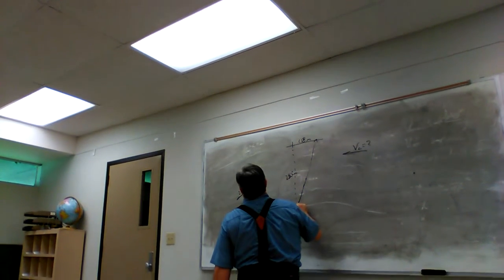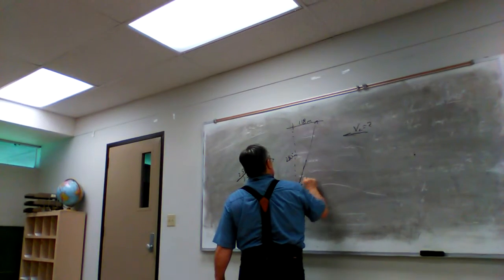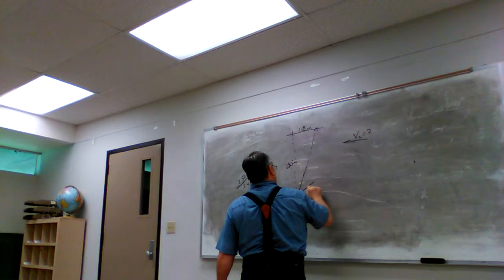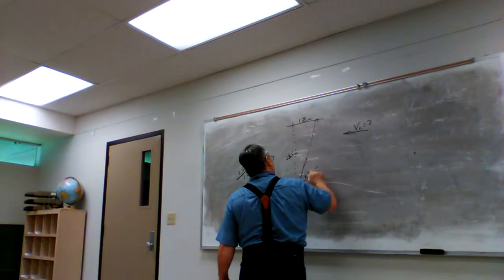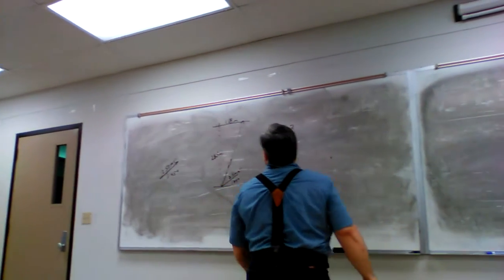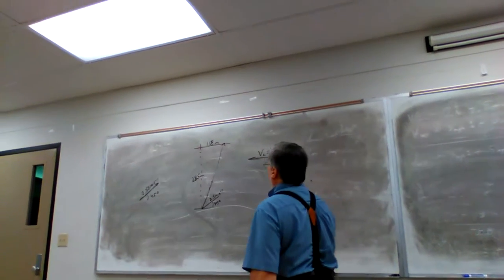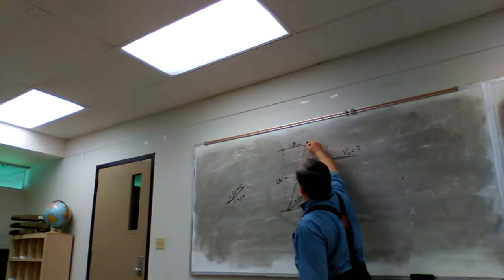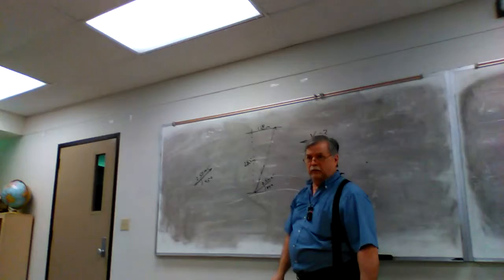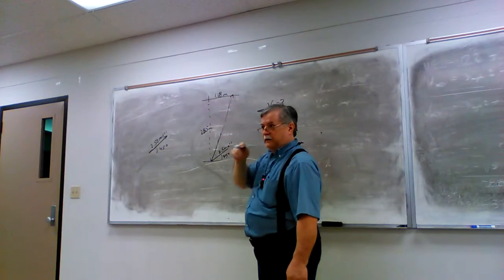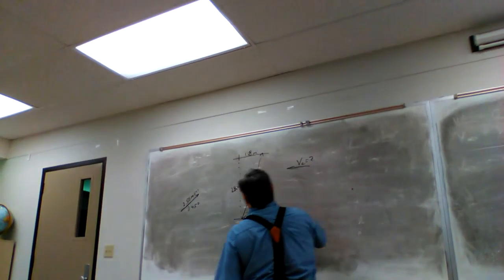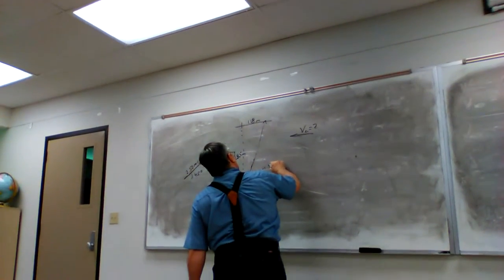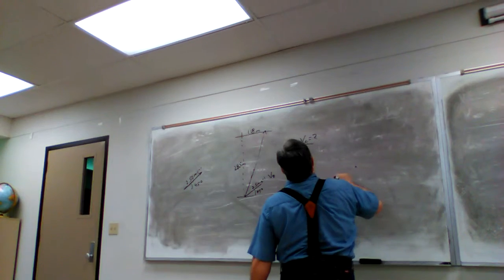So, this boat is going 45 degrees at 2.5 meters per second. What will the angle of its final vector, of its net velocity, be? So yeah, that's good.